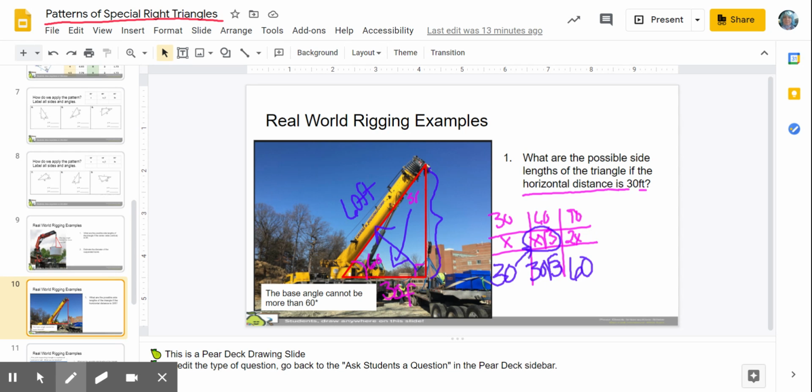So what is 30 times the square root of 3? About 52. This is really close to a Pythagorean triple. 30, 60, and 52. Super close to a Pythagorean triple.